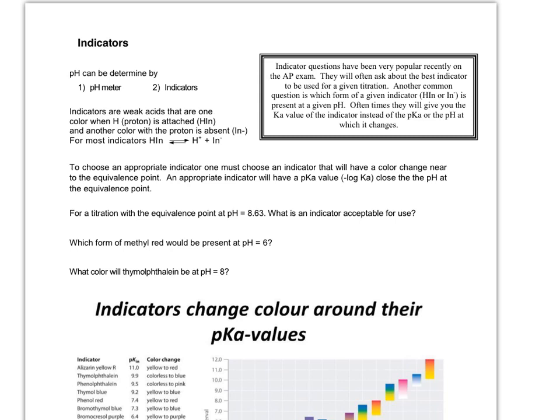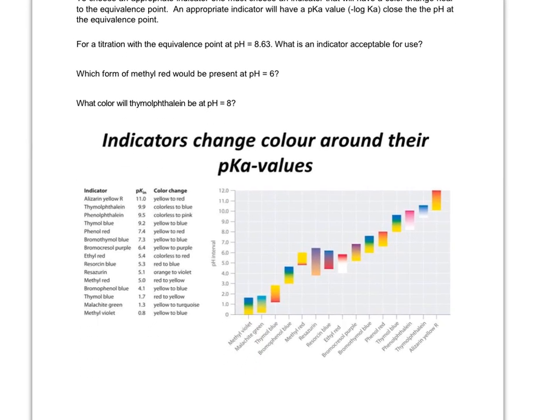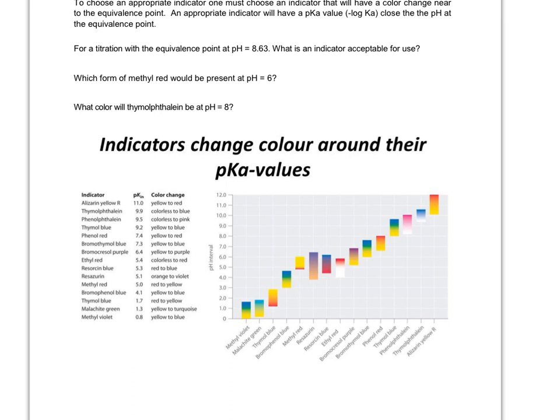So usually the indicator will change colors around their pKa value. Remember that pKa means negative log of the Ka. And so if you take the negative log of the Ka and you have a pH that is equivalent to the pKa, that's when the color will change.